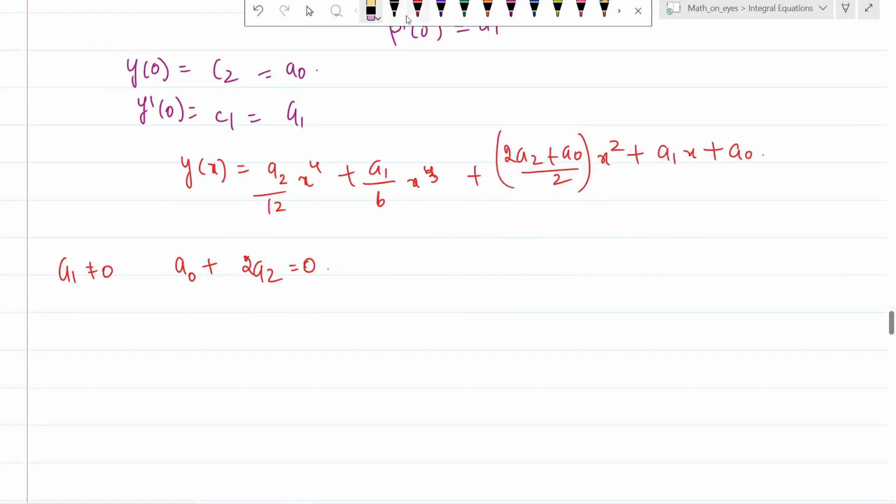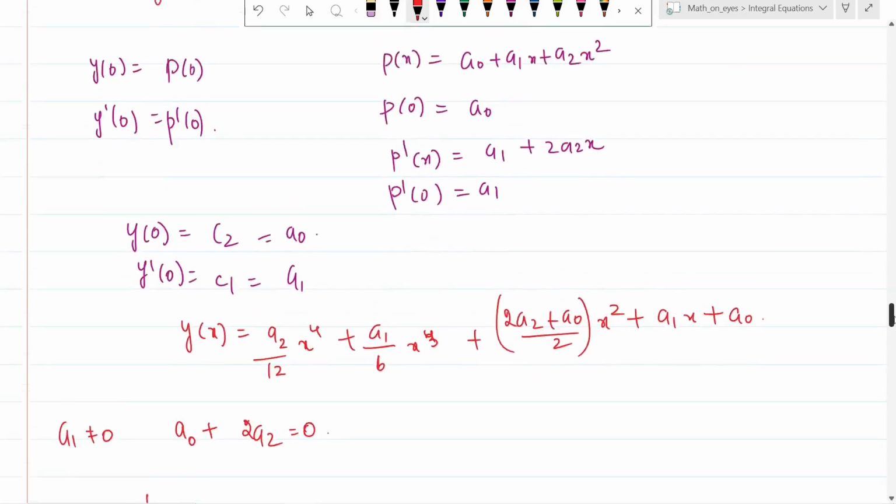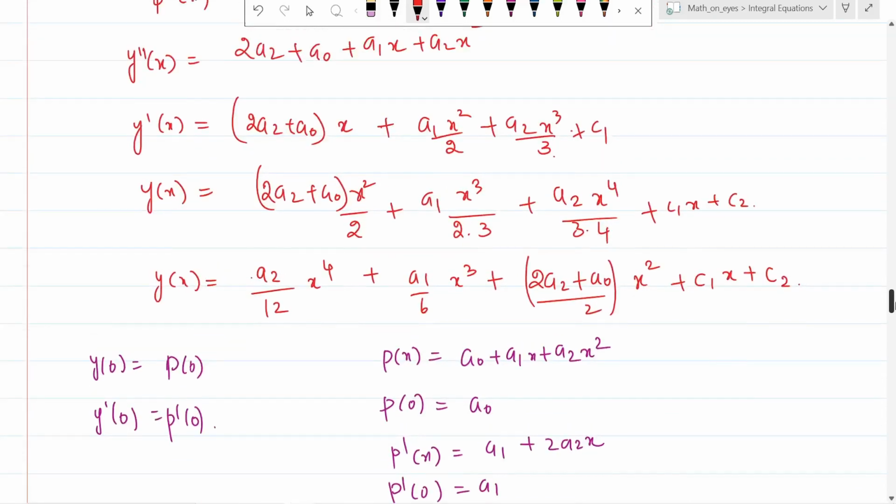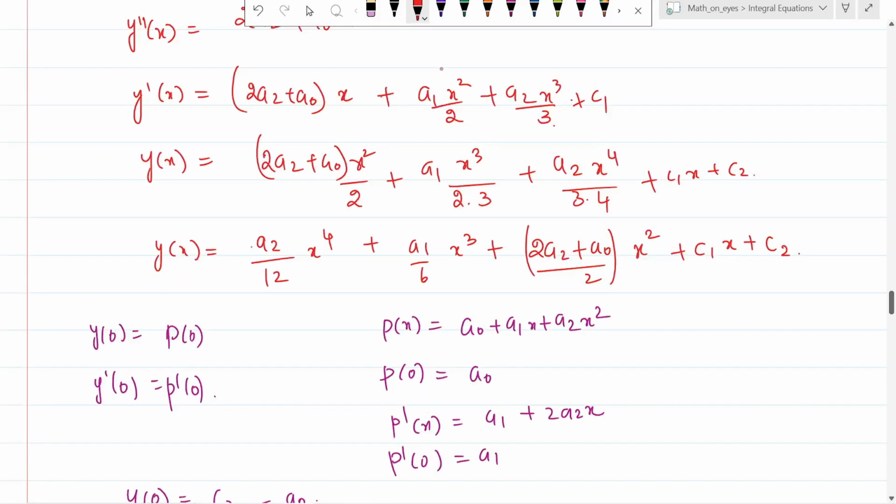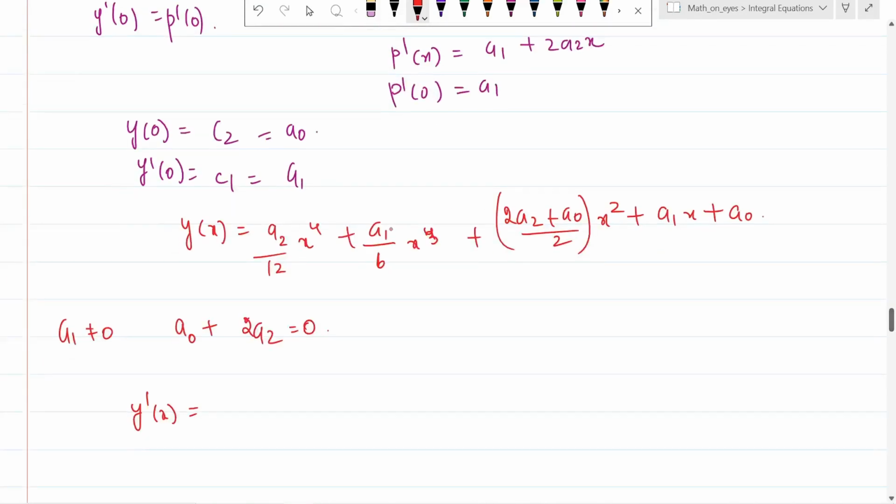If a1 is not equal to 0, then what happens here? What is y dash of x first? Y dash of x is equal to (2a2 plus a0) into x plus a1, with the other terms containing x. When I apply 0 here, all these terms vanish because they contain x. I will get only c1, and c1 is equal to a1.